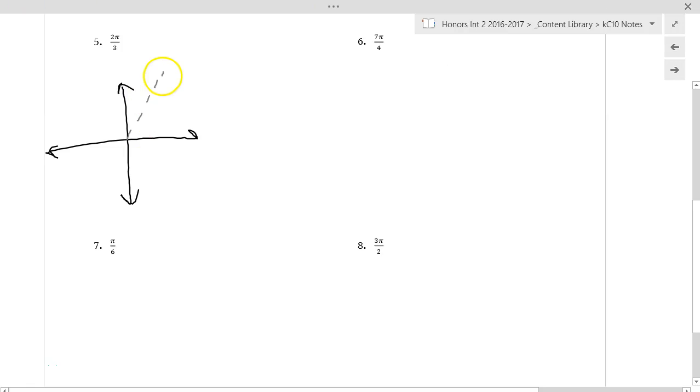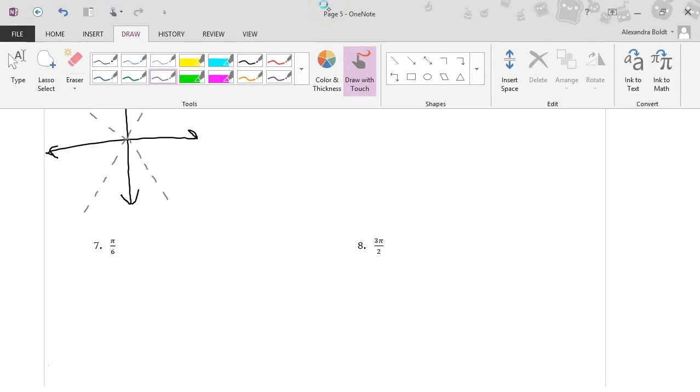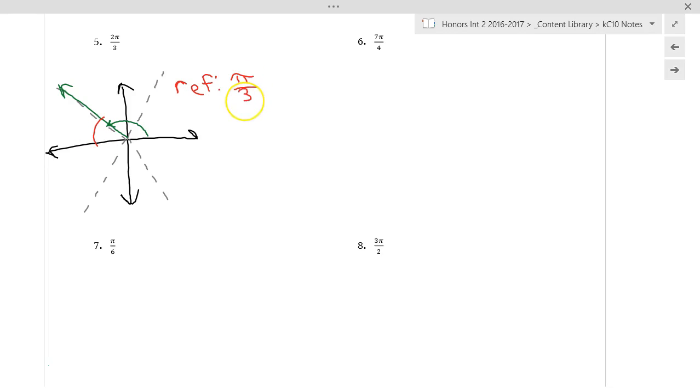Remember, the y-axis does not count for thirds. I'm going 2 of them. So what is my reference angle? I have one more third. So my reference angle is pi over 3.